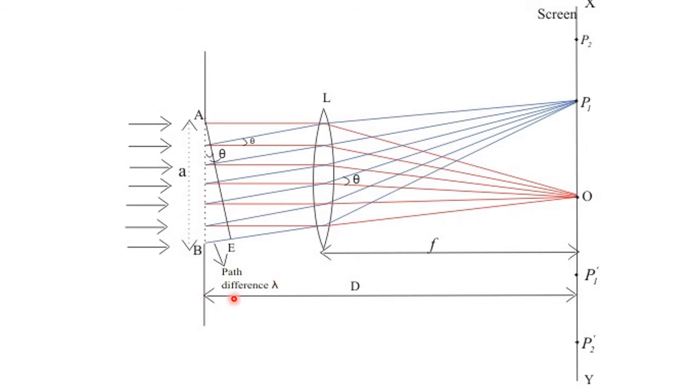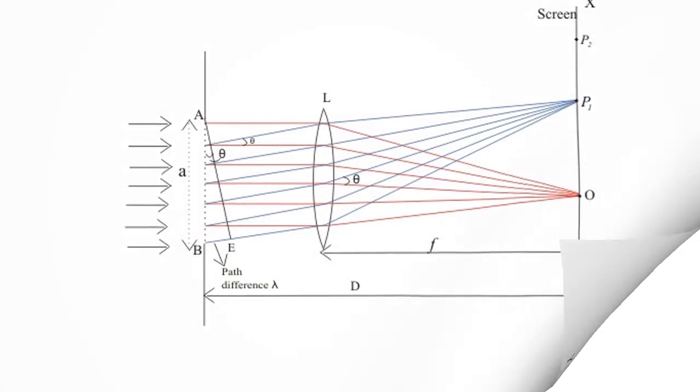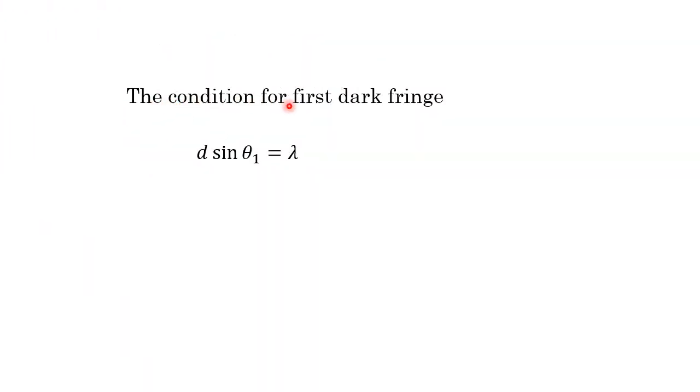So whenever there is a path difference of lambda, there will be my first dark fringe. So I can write the condition for the first dark fringe is d sine theta 1 equals lambda.